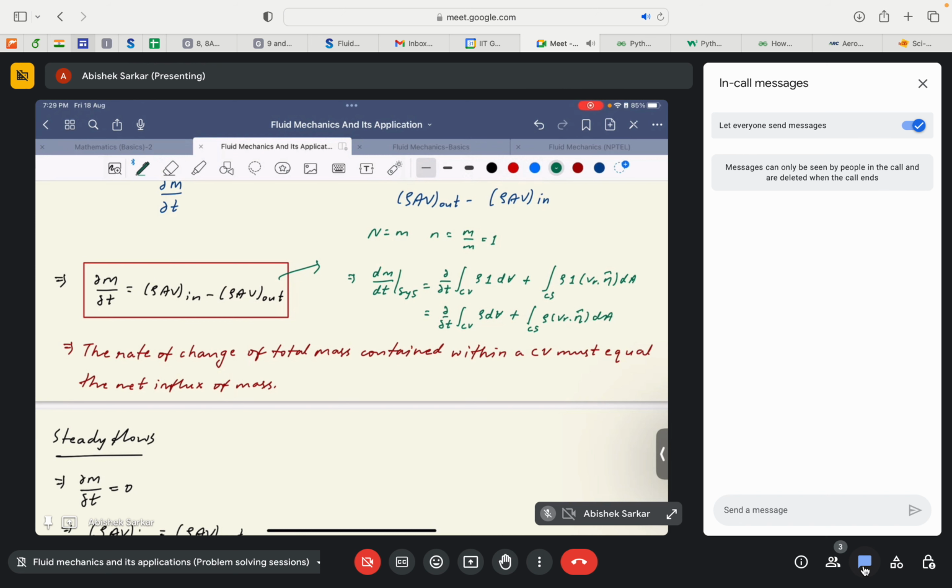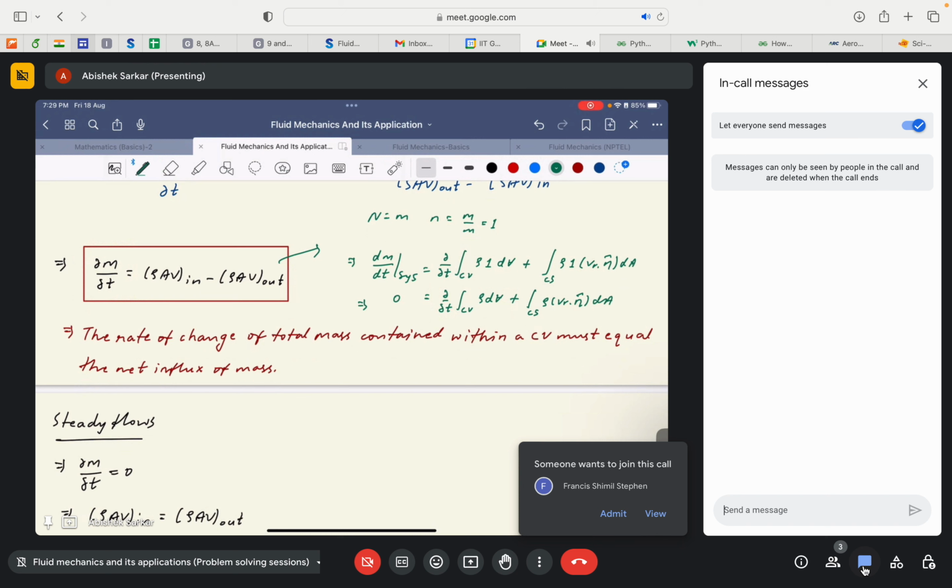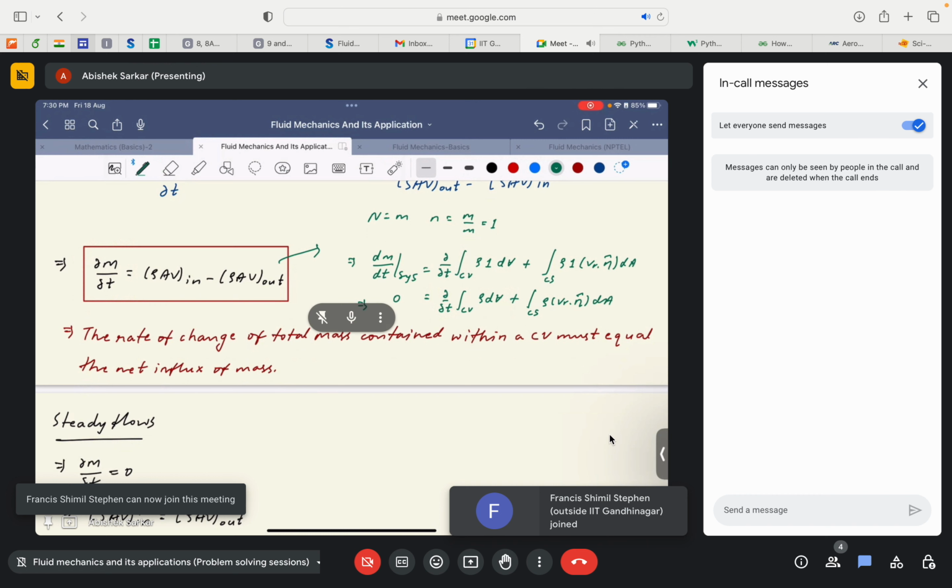Okay. So the first term is the same, this term and this term are exactly the same. This will go to 0 because, since there is no addition of mass to the system, the net change in mass in the system would be 0.